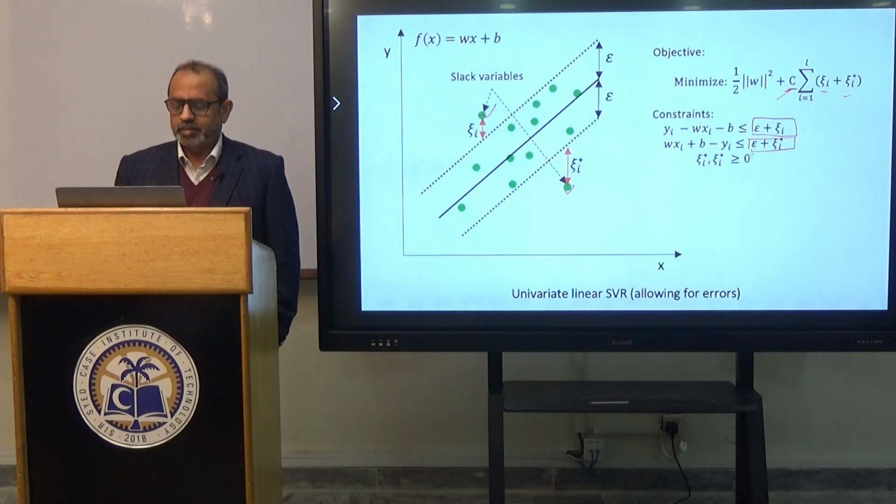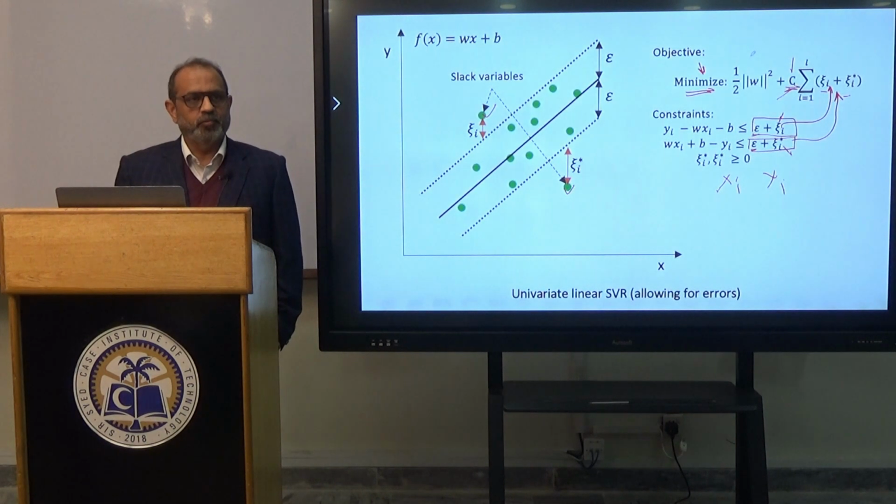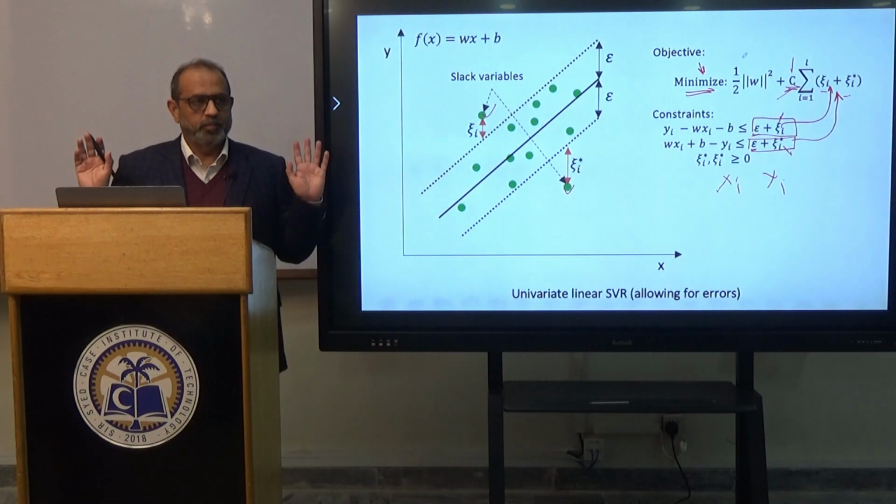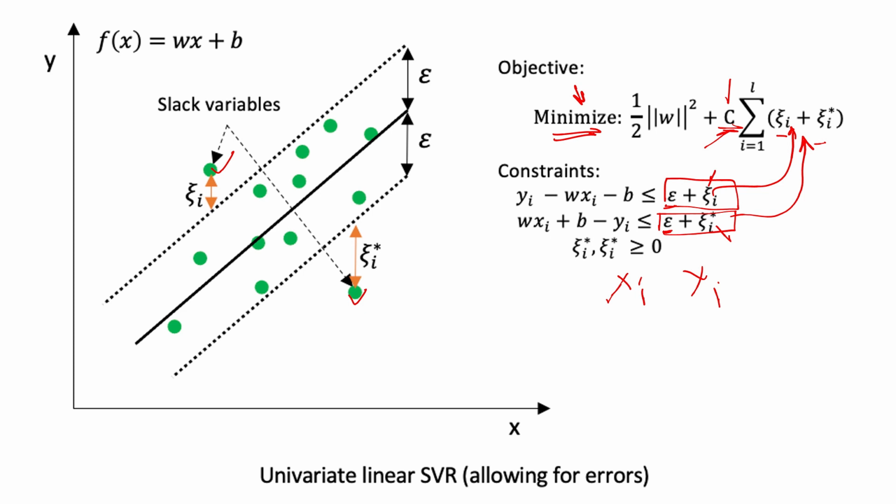You have relaxed this constraint for every variable. So every data point xi, yi, it can be outside this epsilon, and this is how much it could be, but you pay a penalty here. And so because it's a constraint optimization problem, depending upon the value of C, it by itself will do the best trade-off. Okay, the best trade-off, you don't have to worry about it. With the C, you are controlling what you want to value more.